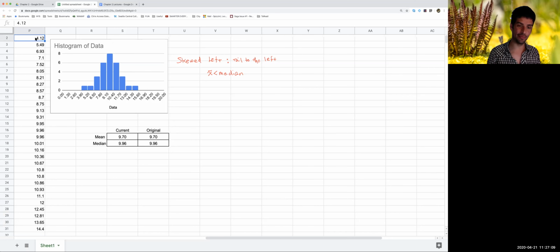Let's do the same thing, but in the other direction. So I'm going to take some of the data from the bottom and start moving it to the top. So again, all I'm doing is changing these lower data values, the 4s, 5s, 6s, and 7s, 8s probably, and moving them up into the 11, 12, 13, 14, 15 region, okay?